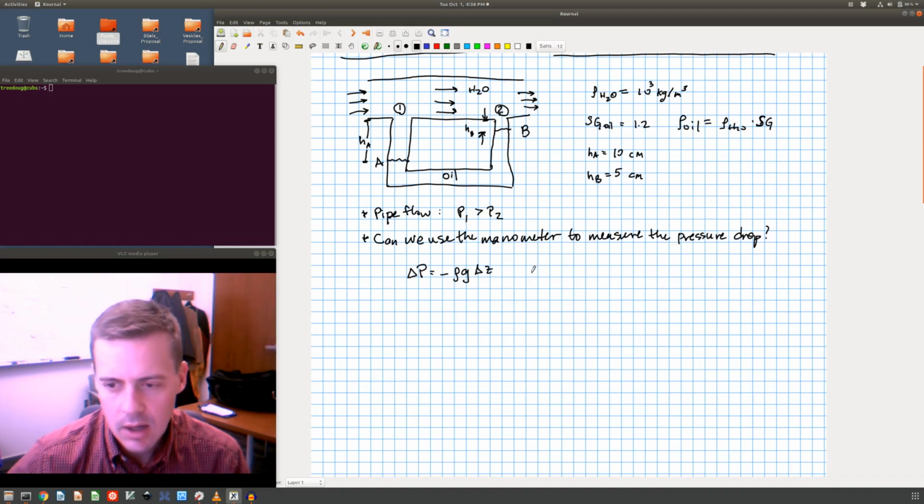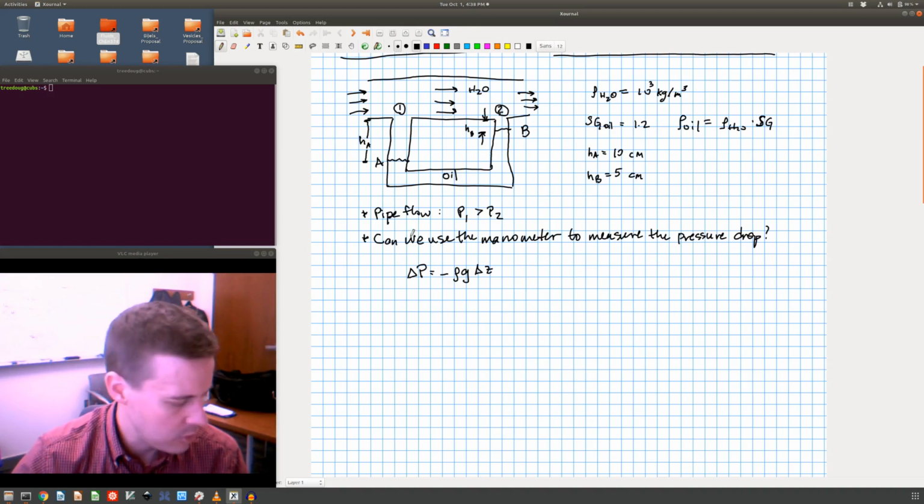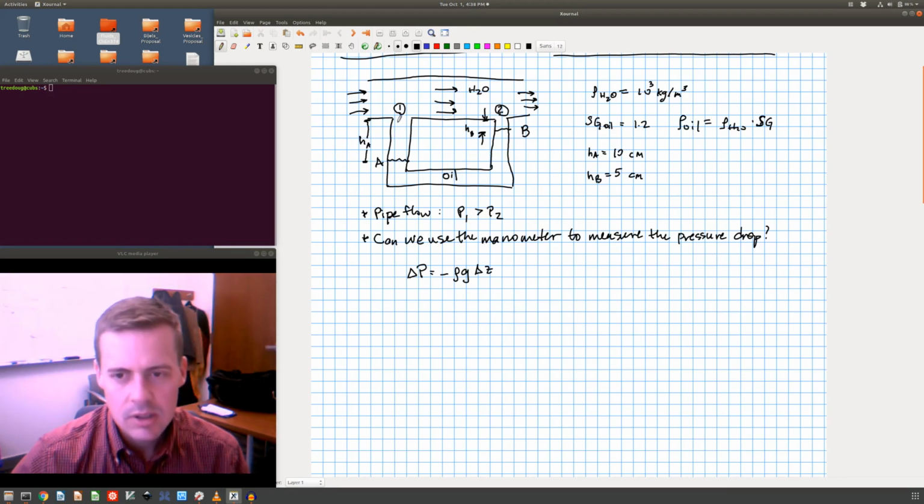I'm going to need to use this concept which we said before, but I'm going to repeat it again. Since the pressure only varies with depth, the same connected static fluid at the same height has the same pressure.